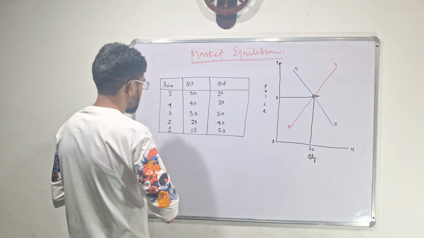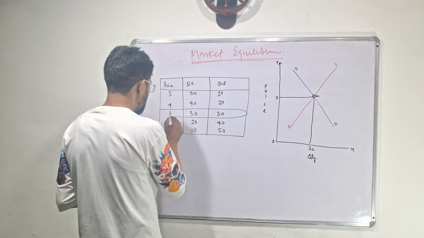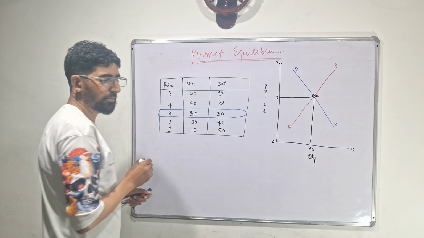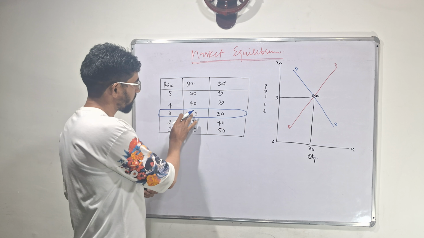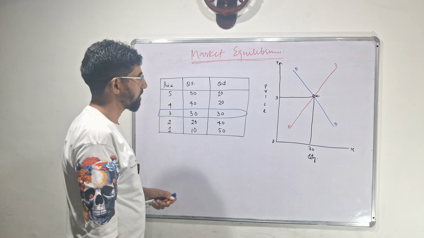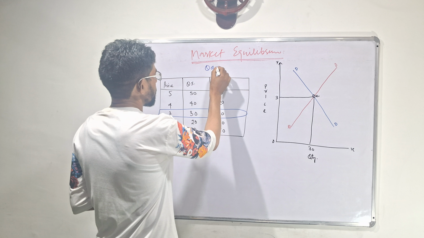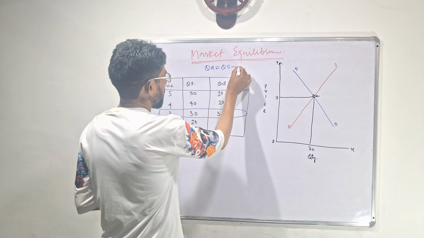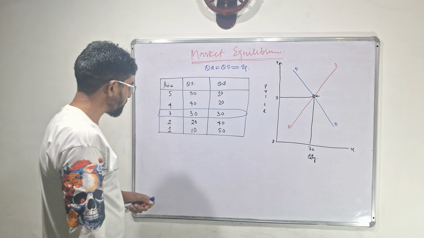This condition we call equilibrium. Why do we call this equilibrium? I tell you. Here is 30, quantity supply is 30, quantity demand is 30. It is a situation where quantity supply equals quantity demand. At that time we call it equilibrium in the marketplace.